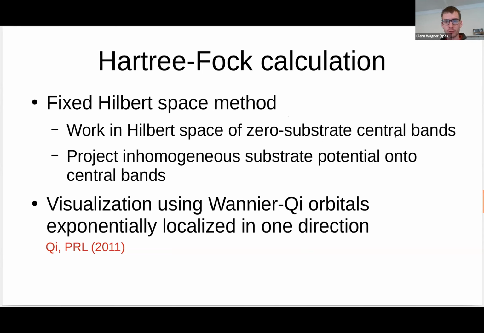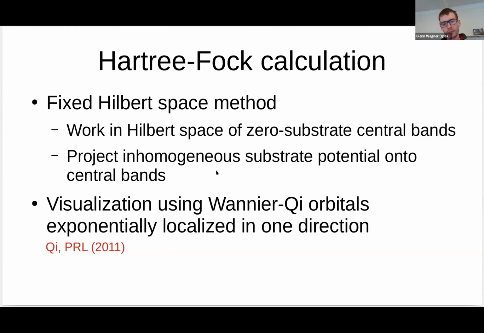So we solve the continuum model for zero subset, and then we project down the subset potential to get some effective single particle term in the Hamiltonian, which we can then give some arbitrary spatial dependence. So it could either be a constant subset, some step subset, or some smoothly changing subset. So this is a very flexible method in that sense.